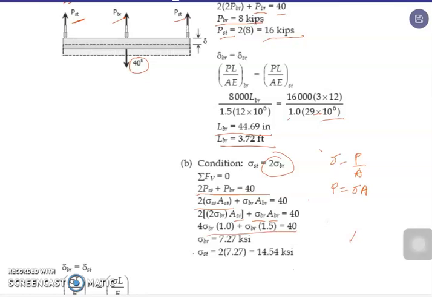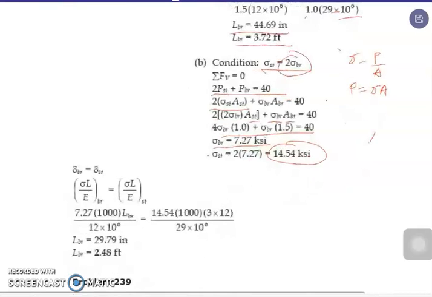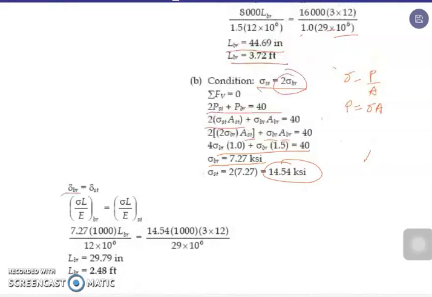If we simplify this one, we get the stress on the bronze, which is 7.27 ksi. Substituting this value to our equation for the stress on the steel, which is twice the stress on the bronze, we get the stress on the steel, which is 14.54 ksi.